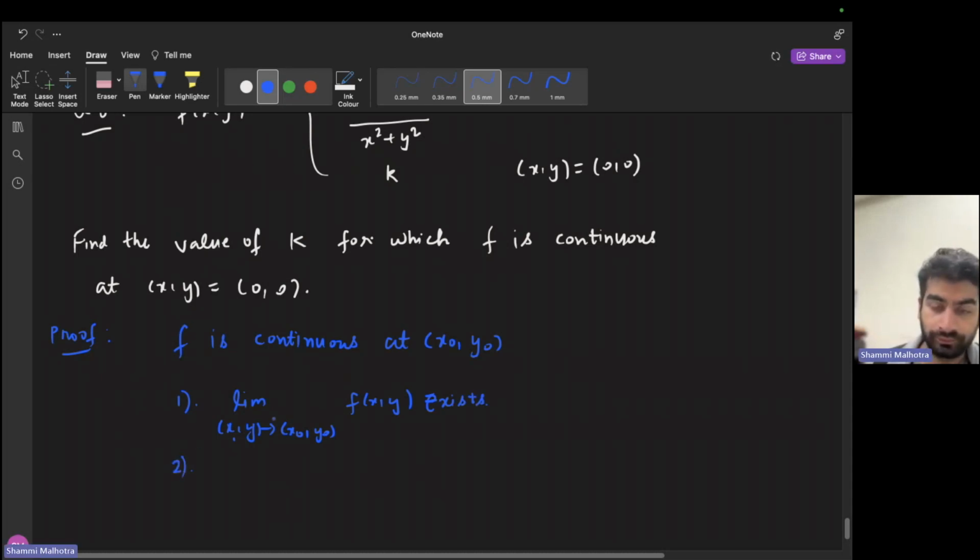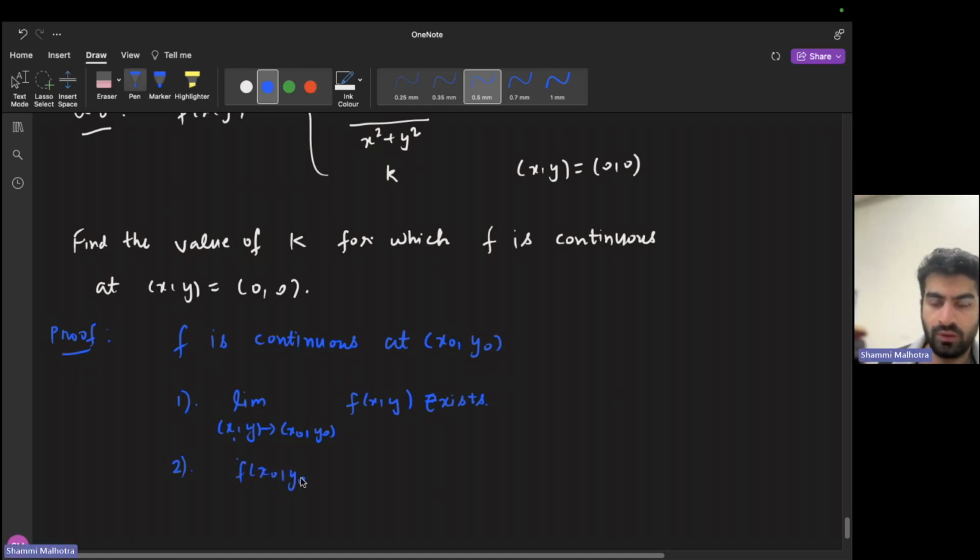The second thing which I would like to have is that whenever this limit exists, it has to be equal to the value of the function at the point (x naught, y naught).